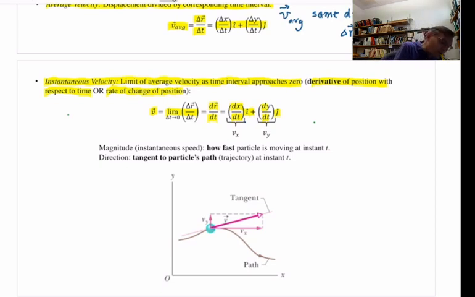And note, the derivative of the x-coordinate with respect to time, dx over dt, is by definition the x-component of the instantaneous velocity, denoted v sub x. And the derivative of the y-coordinate with respect to time, dy over dt, is by definition v sub y, the y component of the velocity.